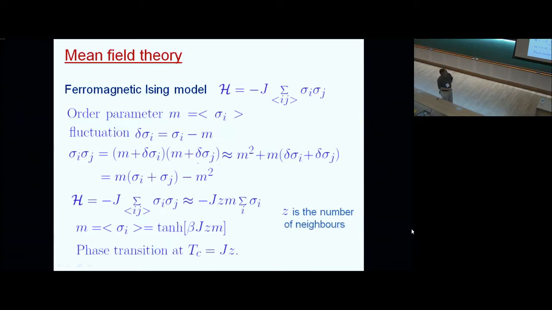And as you can see here, m equals 0 is always a solution. That's the paramagnetic solution, the disordered state. But as one increases this beta, then below a certain temperature, given by this quantity, there is a non-trivial solution, and that basically tells you that as you go below that temperature, the value of m begins to pick up from 0, and that is the continuous phase transition that we were talking about.